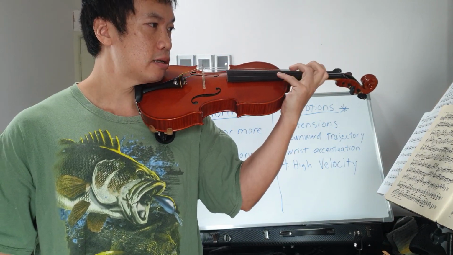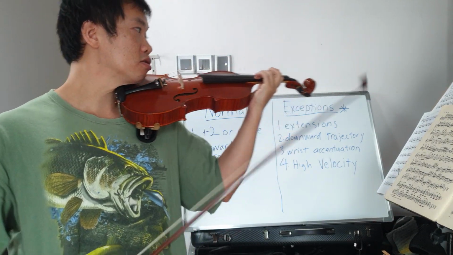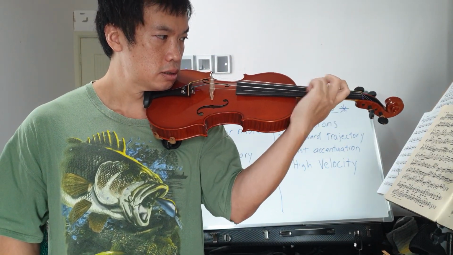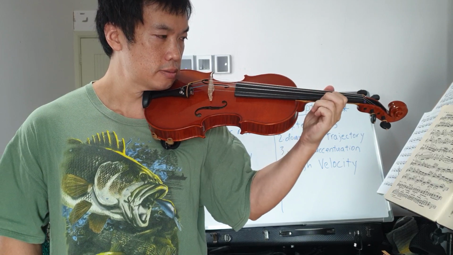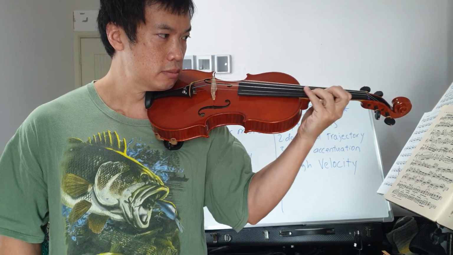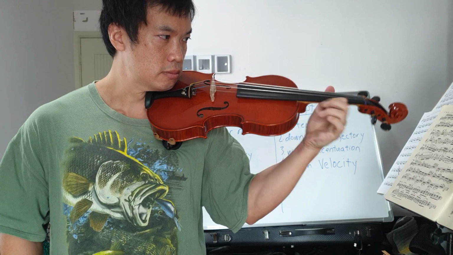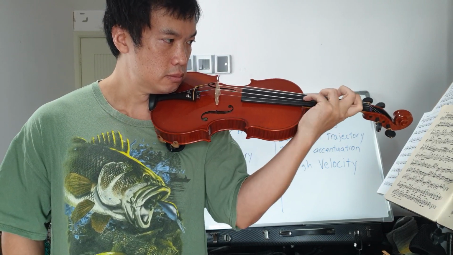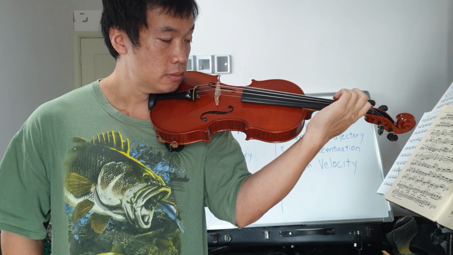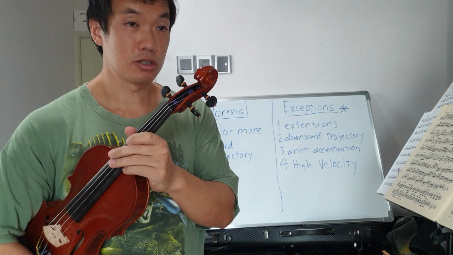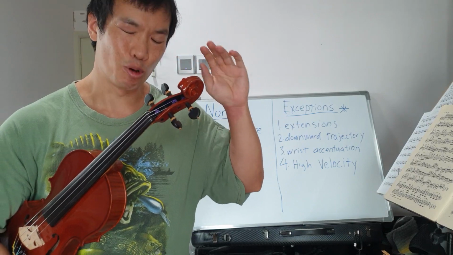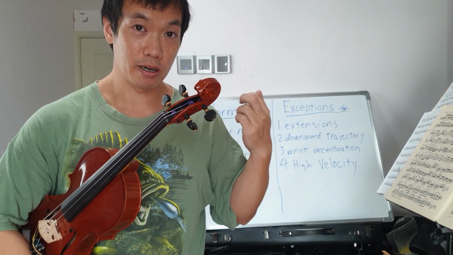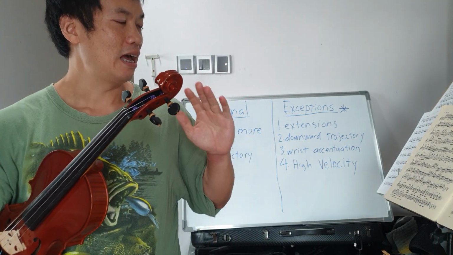And so again, you start using extensions. Okay, so that's a good starting place, and it works your mind a little bit, okay? But it's a good place to start to really work on perfecting your left-hand pizzicato.